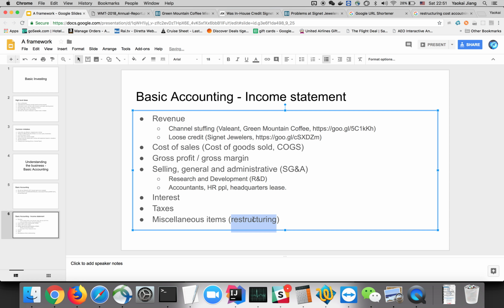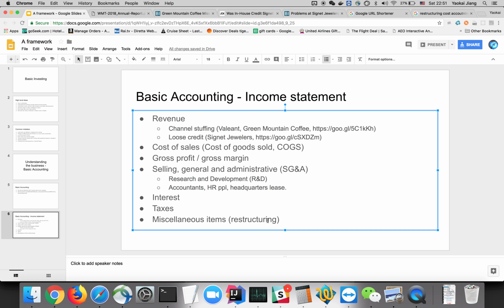Restructuring, for example, if you laid off people, or if you sold a piece of your business and whatnot, the cost of selling would be accounted here.